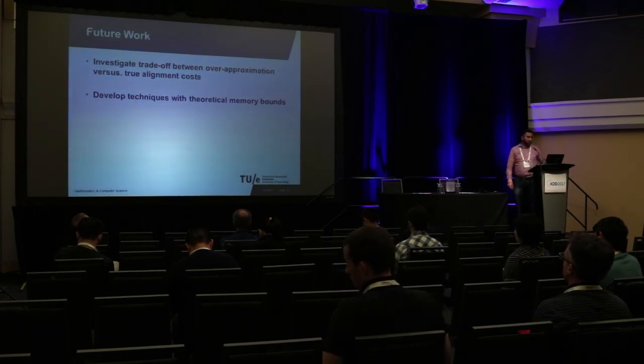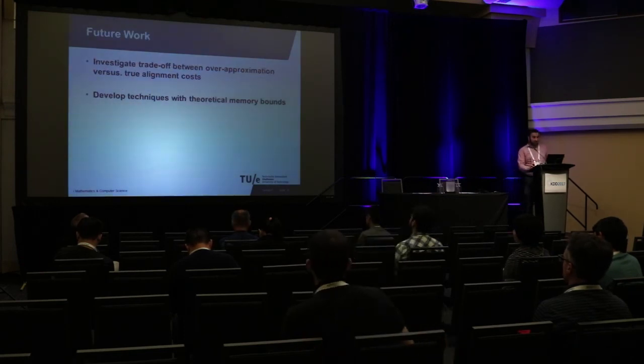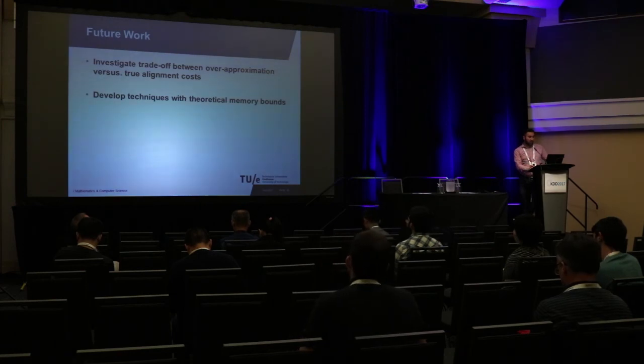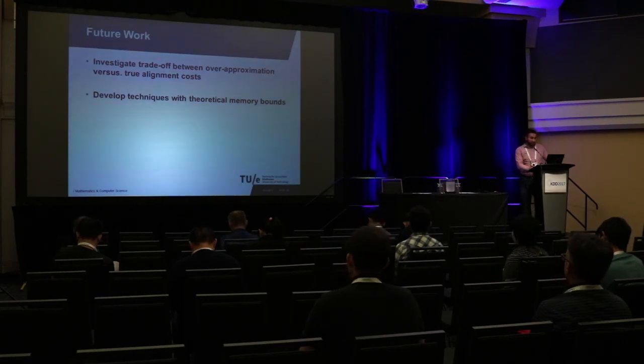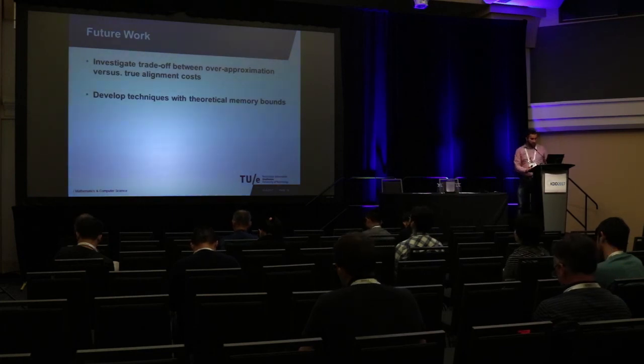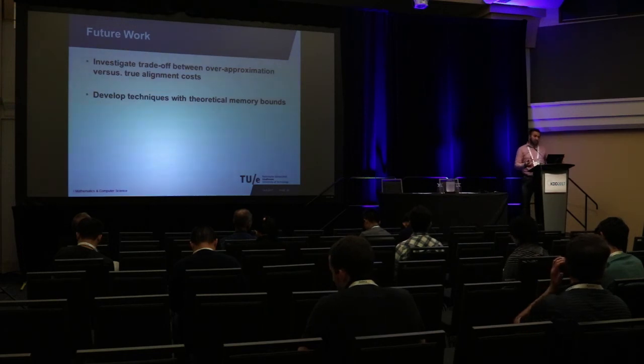In the future, we want to further investigate the trade-off between over-approximation because of the usage of the window size, for example, and the true alignment costs. And probably we want to look into some theoretical memory bounds, to have a theoretical proof about how much memory we are using in our prefix alignment.